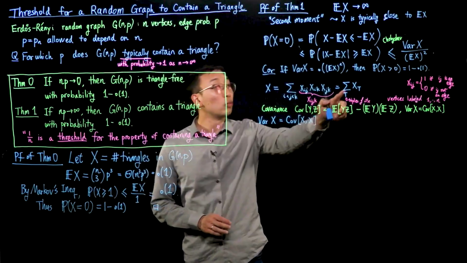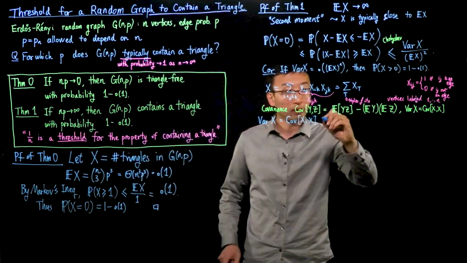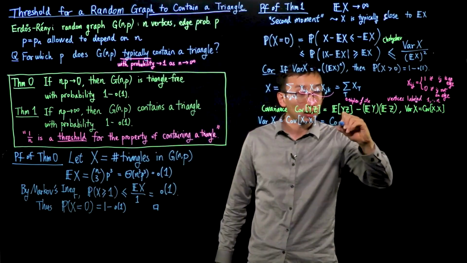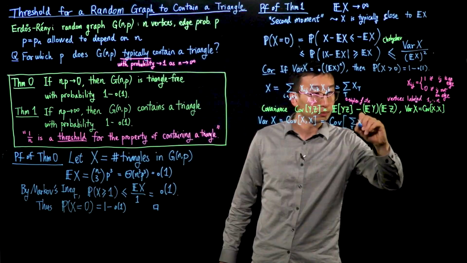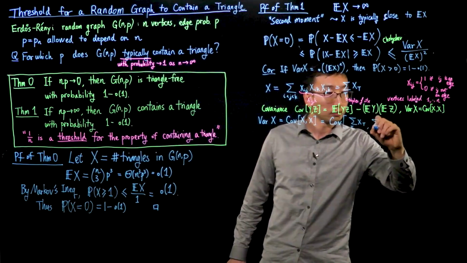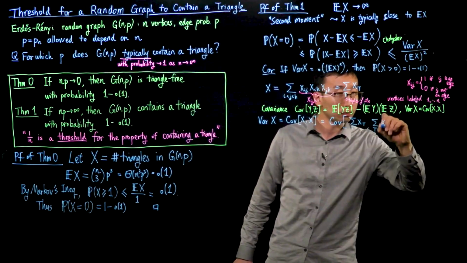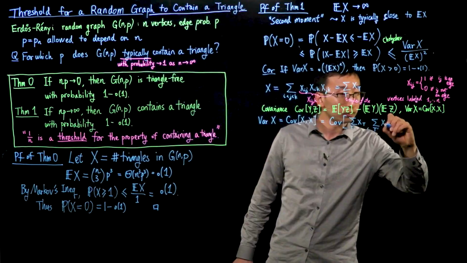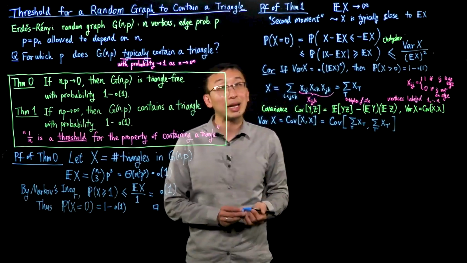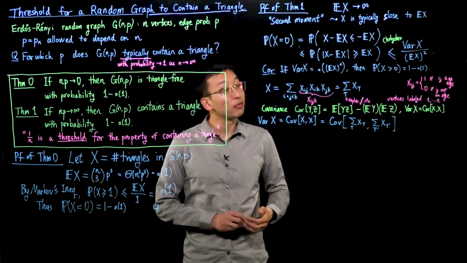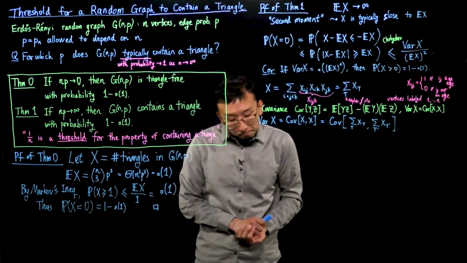Here, we can write x as a sum of various terms indexed by triples of vertices. I'll use T for the index in the first sum and T prime for the index in the second sum.